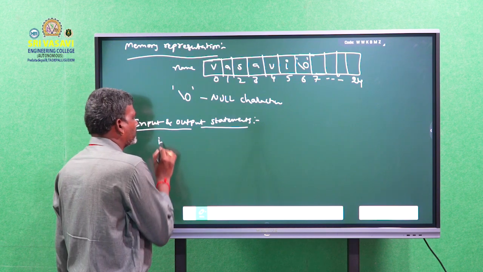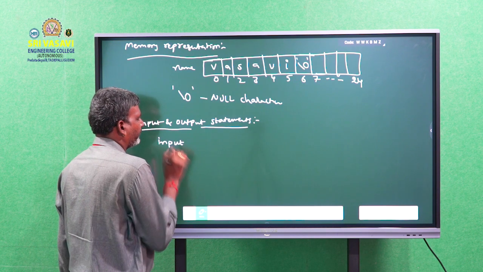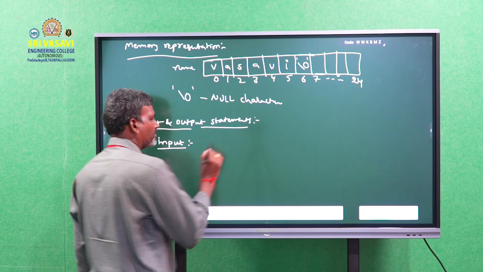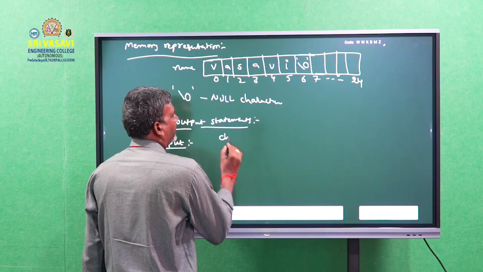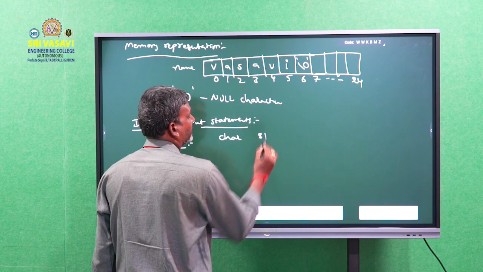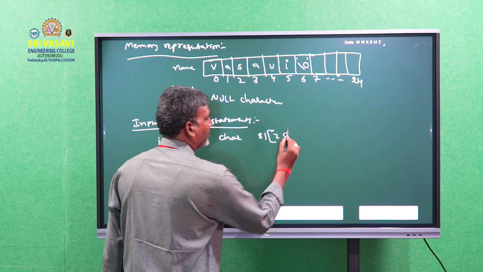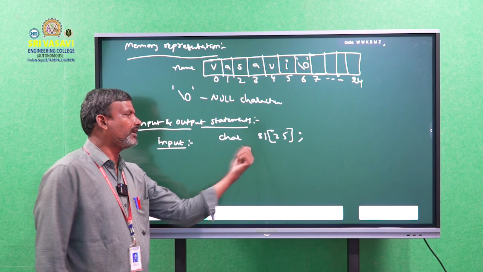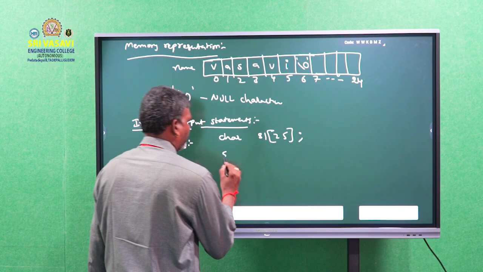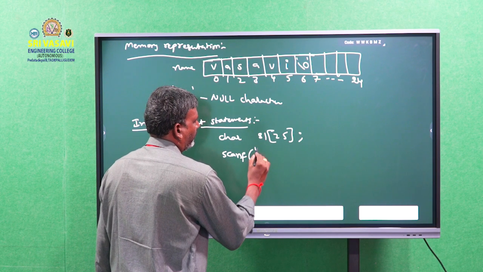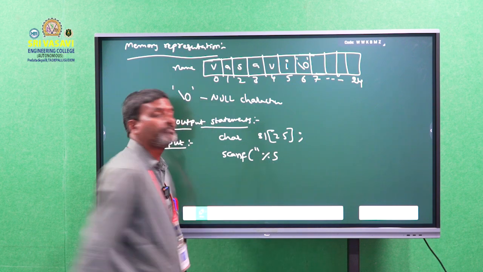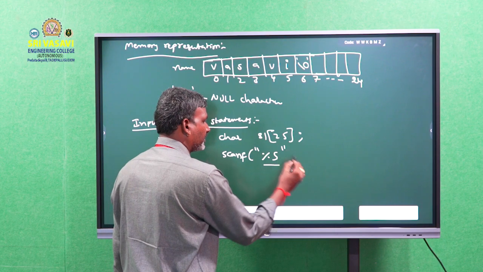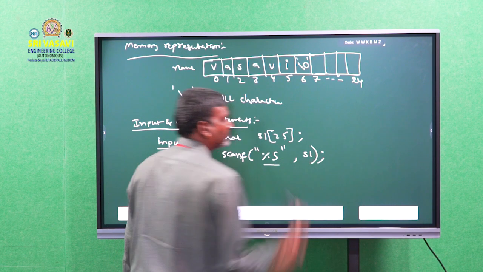The input statements for a string: let us take an example. S1 is a string with the maximum size 25. How can we read a string value, I mean a name, into the S1 variable? Scanf percentage s, where percentage s is the format specifier for a string, and then S1.